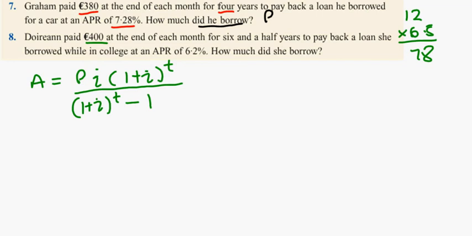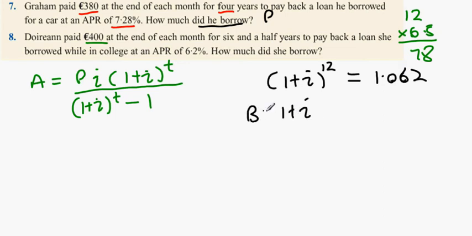Okay, so what we have to figure out is what is our 1 plus I value. Now we're doing it per month, which means that 1 plus I compounded 12 times has to be equal to the yearly rate of 1.062. What we're going to do next is find out what 1 plus I is. We're going to save it as B in our calculator, which is going to be the 12th root of 1.062.